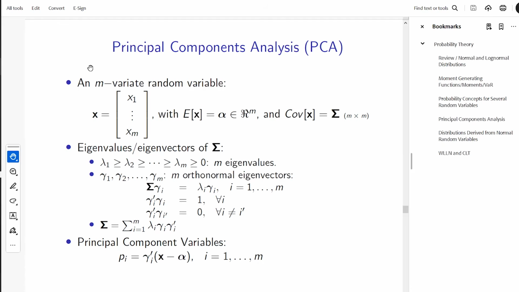And this covariance matrix is a real matrix that is symmetric. Therefore, it's going to have real eigenvalues. And it's also going to have non-negative eigenvalues because the covariance matrix is positive semi-definite.